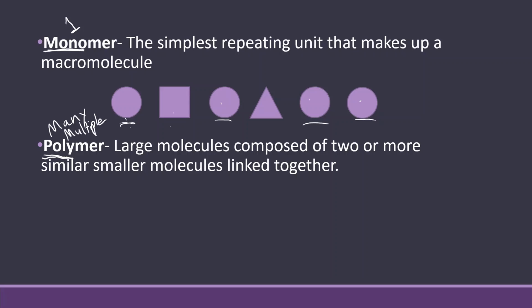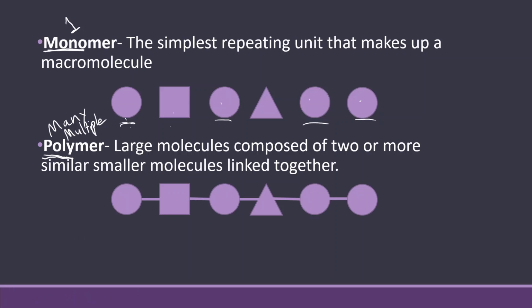Polymers are going to be the larger molecules, and they're made of two or more similar smaller molecules linked together. They're made of the same things that these monomers are. However, the monomers are now linked together to make one much larger molecule.